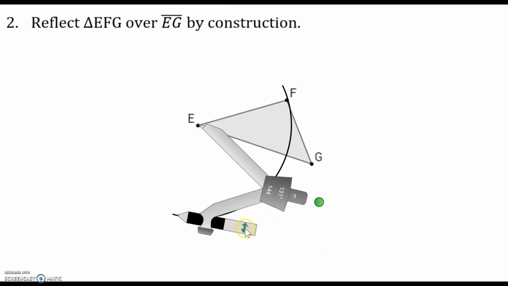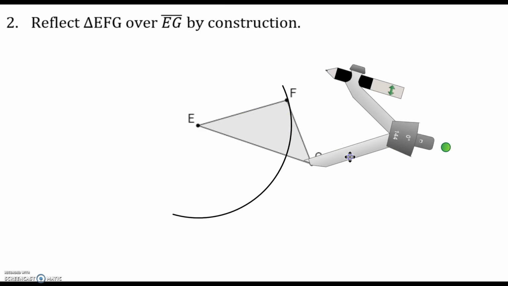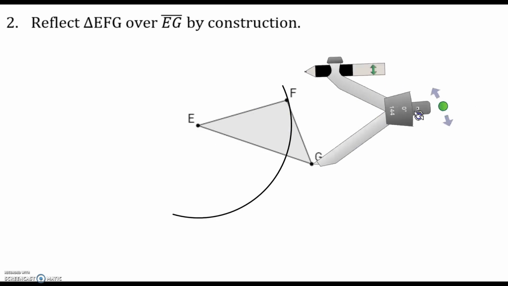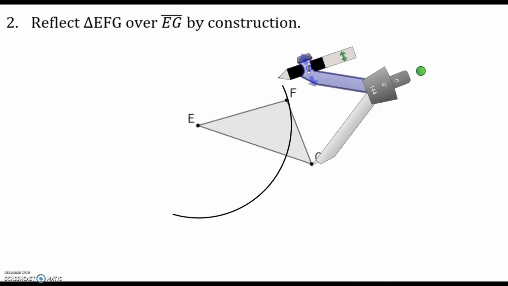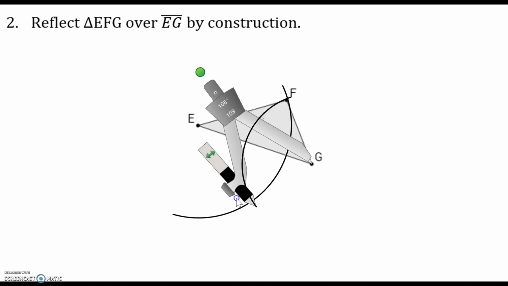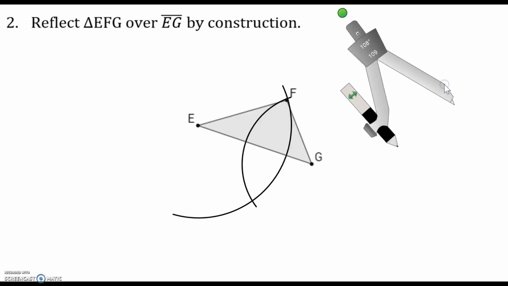And then we're going to flip it over and measure from G to F as well. And then swing that around, and then the point of intersection will be F prime, which has now been reflected over EG. And then you can connect them together to get your new triangle.